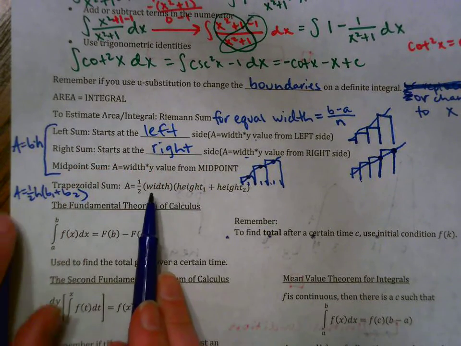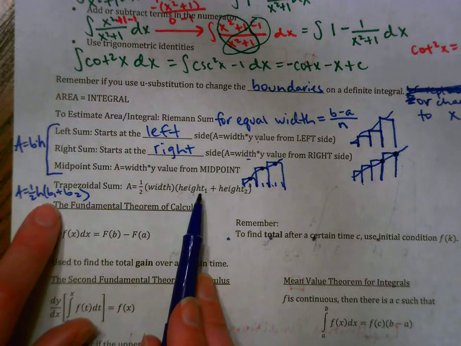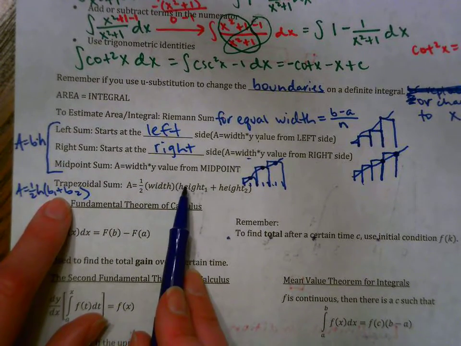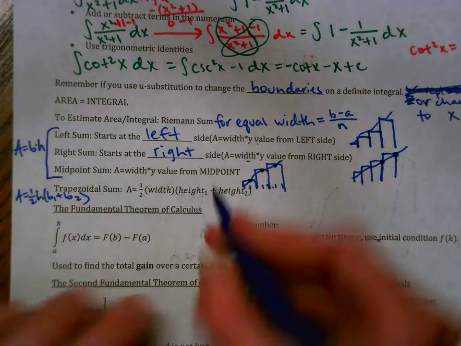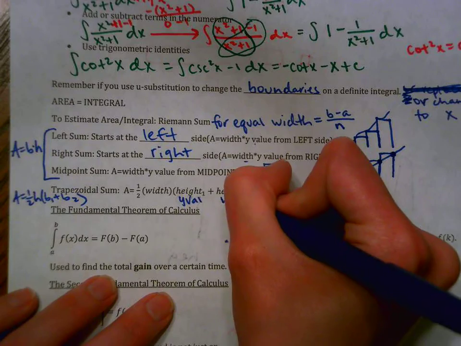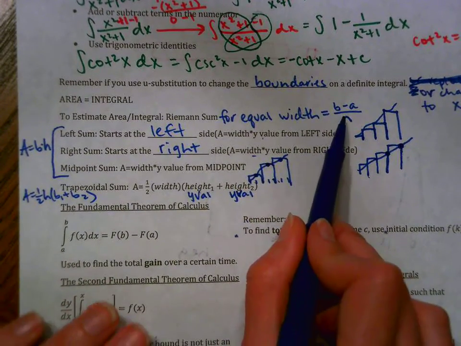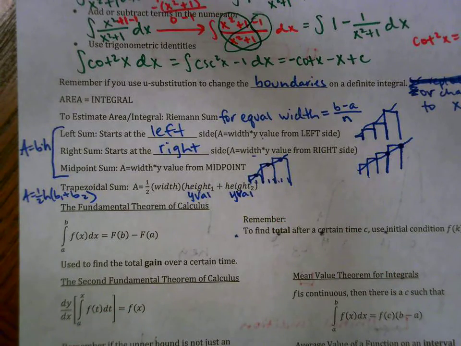But now in this case, your height is your width, and then your heights are like your bases, so it kind of switches. And these heights are going to be y values, the left y value and the right y value for the trapezoid. The width is the same formula that we used here.